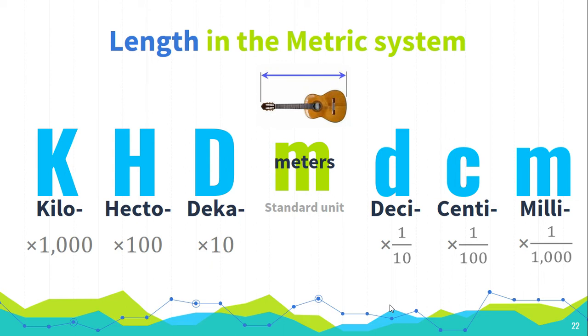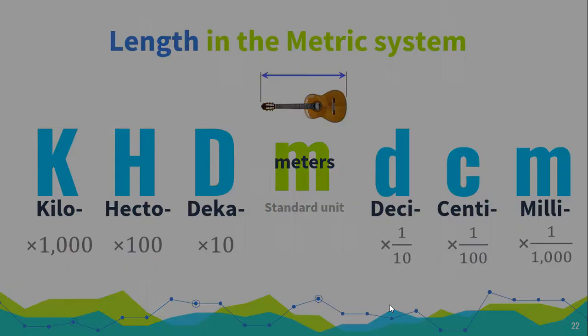It would take 10 meters to make a decameter. And then going on to the other side, it would take 1,000 millimeters to make 1 meter. It would take 100 centimeters to make a meter and 10 decimeters to make a meter.